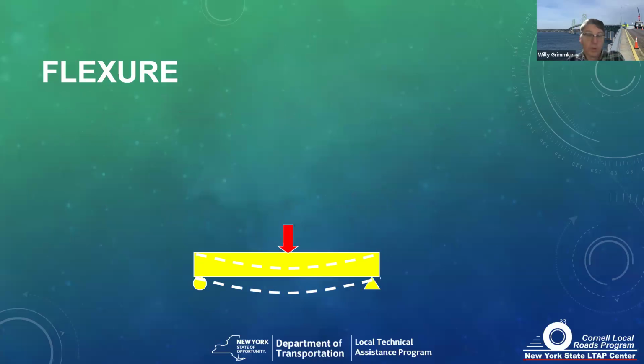Flexure is what our girders and beams are often in. You get a smiley face type of deformed shape when something is loaded in flexure on a simple span.